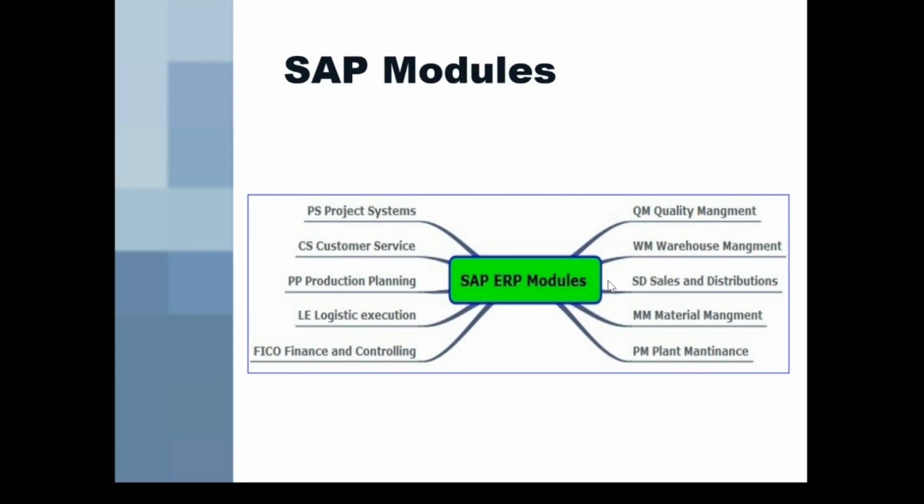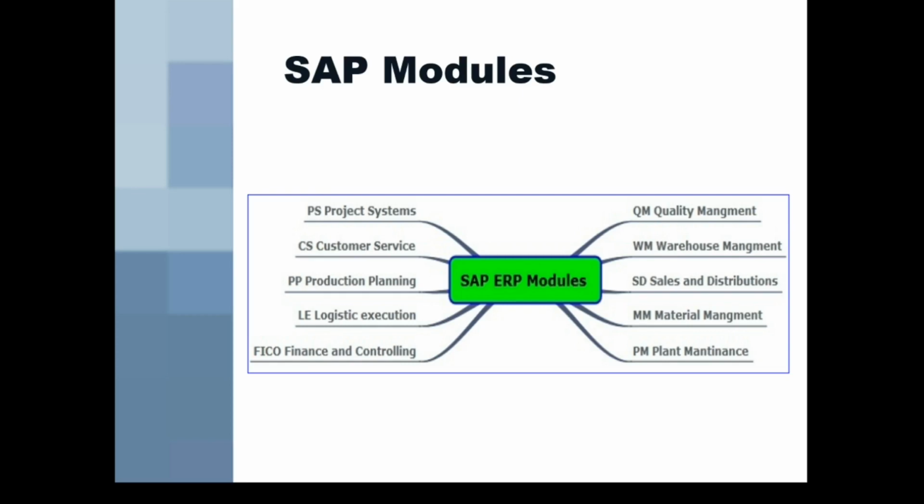That is just a mind map representation of how SAP modules are in the system. I did not capture all of them, just a few to show the abbreviations they have. WM is for warehouse, MM for material management, and FICO is finance and controlling. Those are modules in SAP.